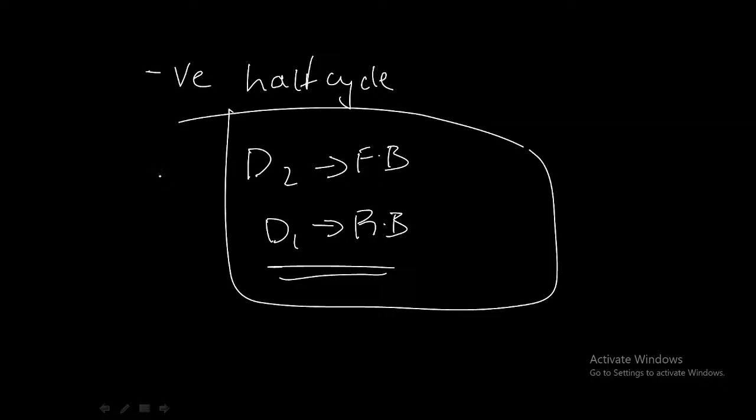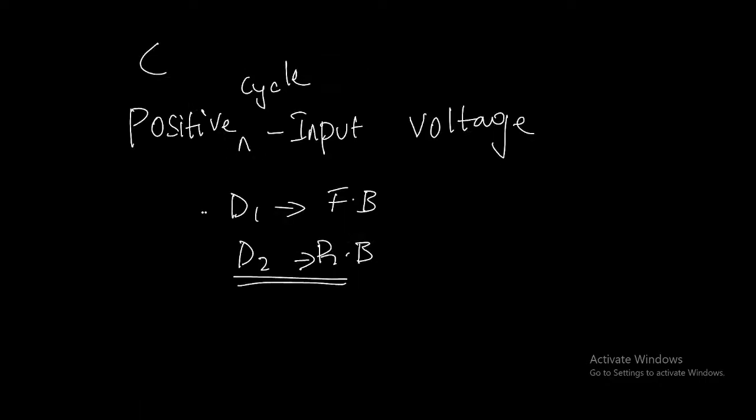Whenever D1 or D2 are in forward bias, the current conducts through that particular diode.